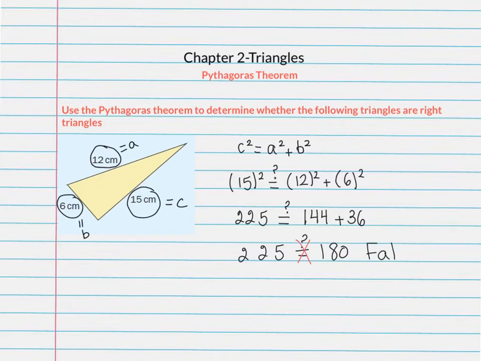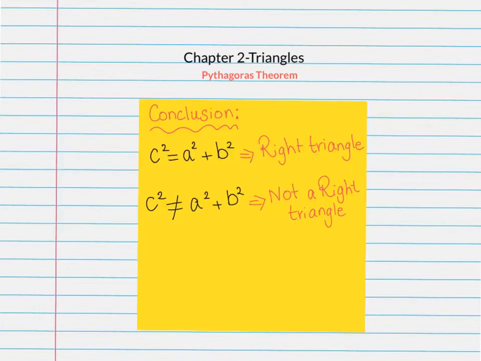If it is proven to be false, then this triangle that is given with the following measurements is not a right triangle because the Pythagoras theorem did not apply. To sum the rule up, the Pythagoras theorem is our only test to determine whether the triangle is a right triangle or not.